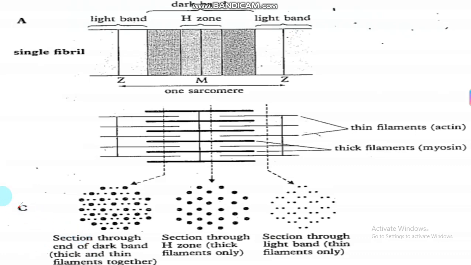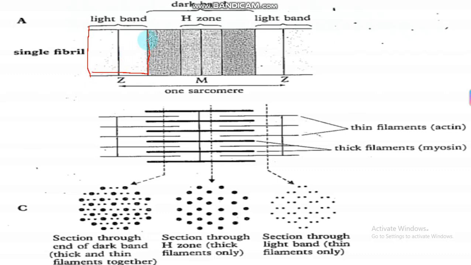So, when you look at a myofibril, each of them consists of a light band, not a light zone. This is the light band, which appears light. So, from this point up to this point, we call it the light band.